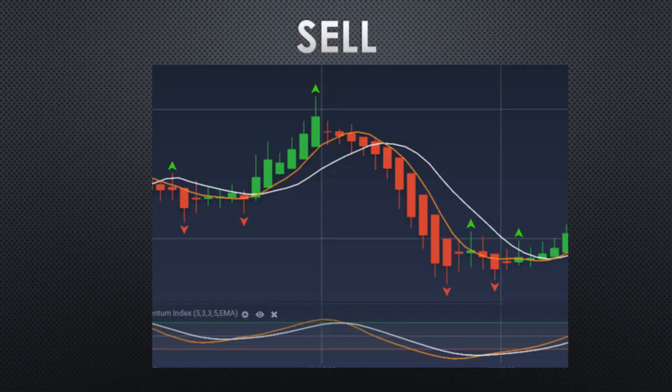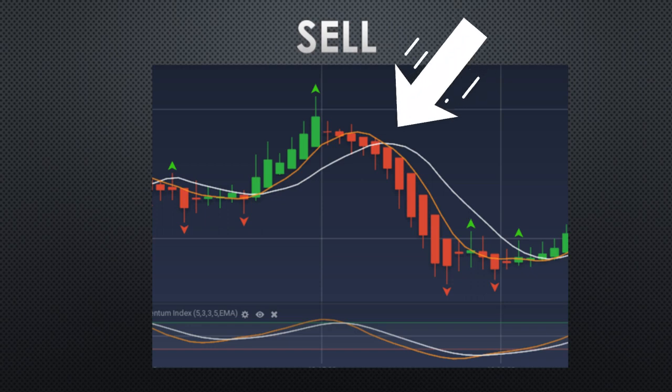Sell. To sell, the orange moving average must cross the white moving average from top to bottom. In addition, the lines of the stochastic momentum index must cross.